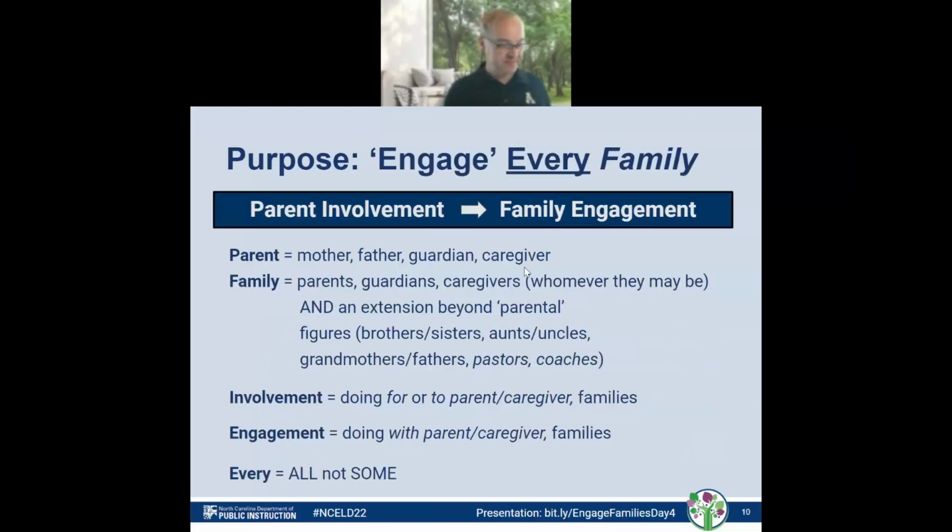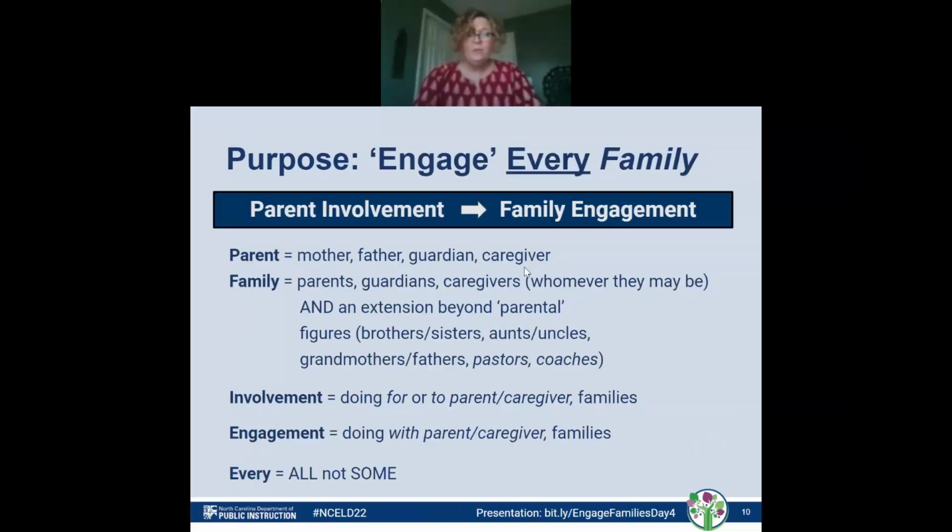And to help us achieve our purpose for today, we want to explain the significance of each of the words that we've chosen for our presentation. Engage every family. And yes, there has been yet another shift recently in education, and that shift has been from the term parent involvement to family engagement.